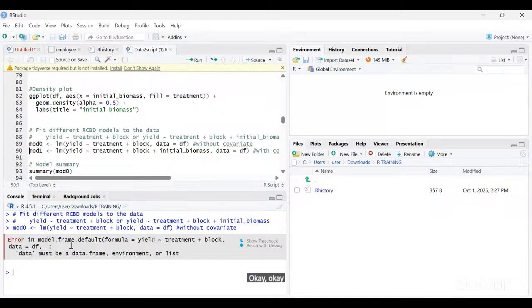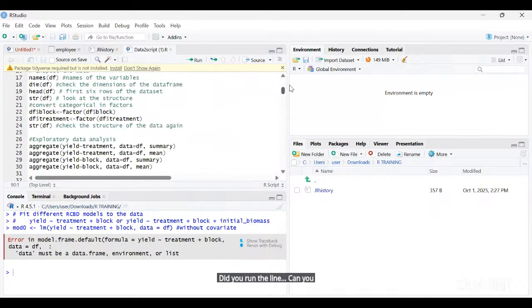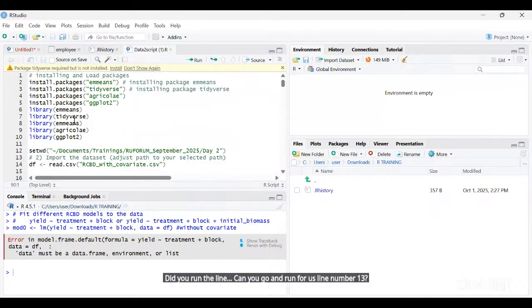Okay, so now Stephen, did you run the line? Can you go and run for us line number 13? Number 14, yours is number 14.